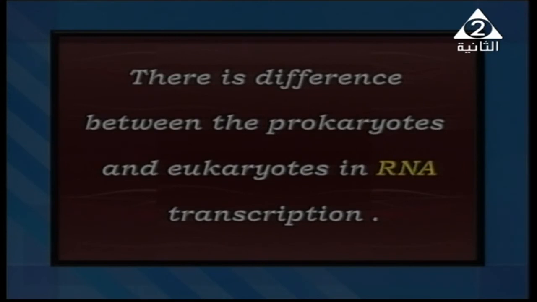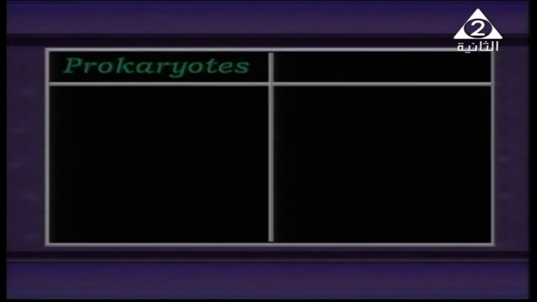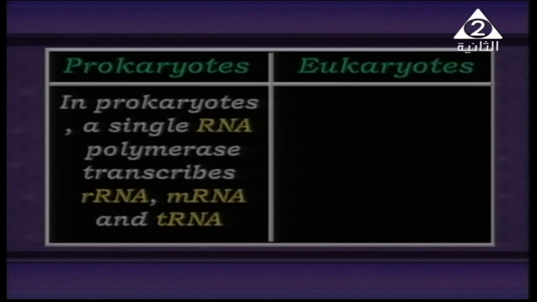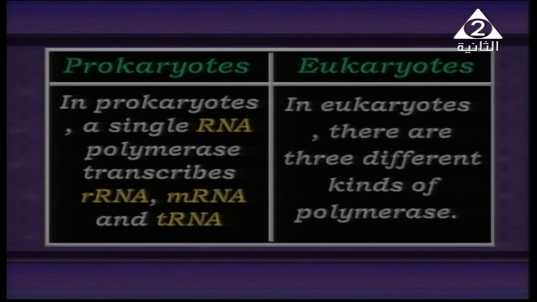There is a difference between prokaryotes and eukaryotes in RNA transcription. In prokaryotes, a single RNA polymerase transcribes RNA, mRNA, and tRNA. But in eukaryotes, there are 3 different kinds of polymerase.